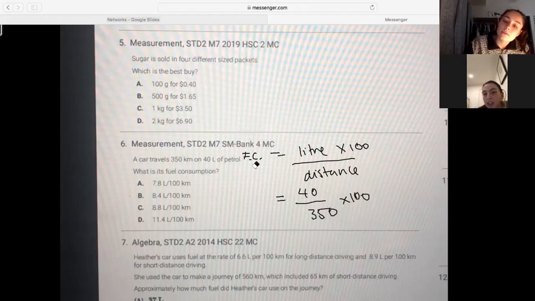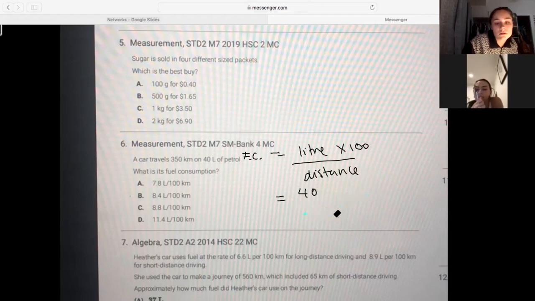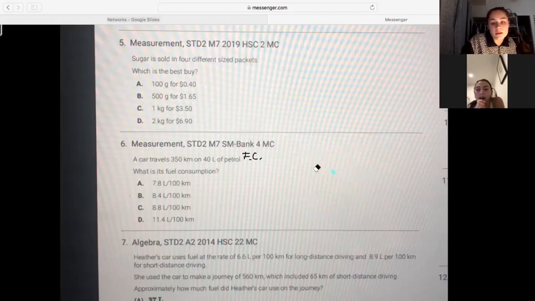They don't give that to you on your reference sheet, so you'd have to memorize that. I just wrote liters times 100 over distance. Yeah, cool. That's the fuel consumption one. Sweet. Okay. And the next one.